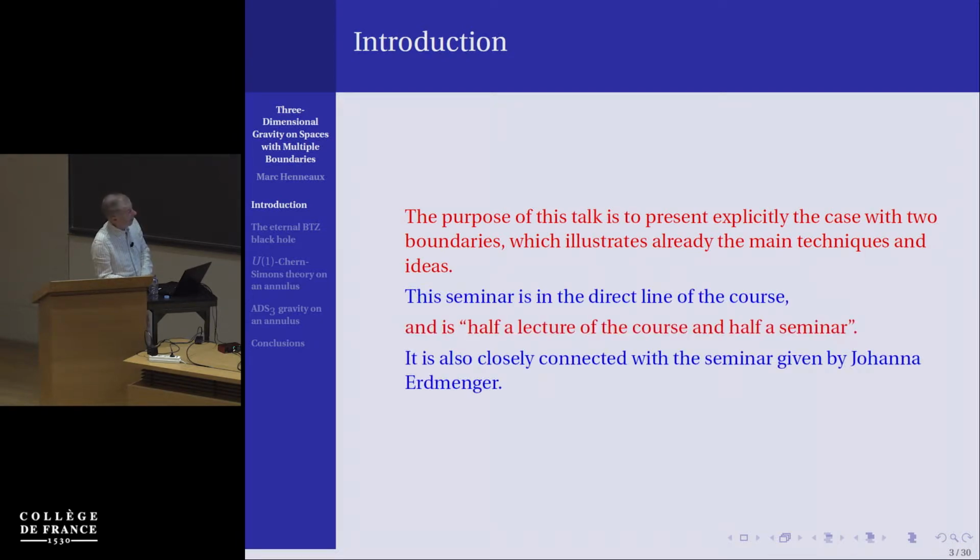So as I said, it's a direct line of the course, and I will try to be relatively pedestrian. Maybe I will not derive all the formulas, but I will try to be explicit about all the steps. And it's connected with the seminar given last week by Jonah Edmanger.